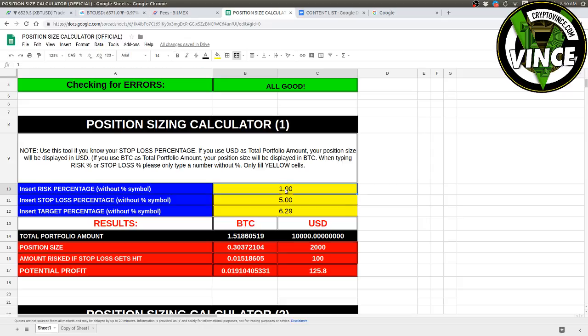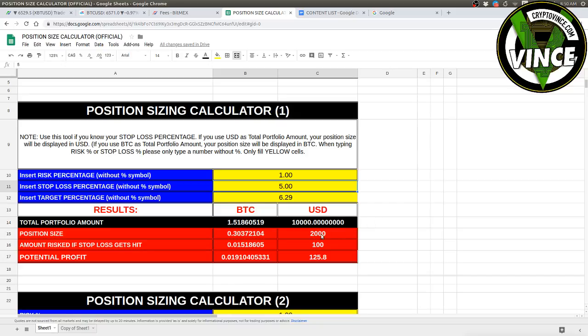Right here, I'm risking 1% and stop loss 5%. So how much is my position size? My position size for this trade is $2,000. So I can use $2,000 as a position size. If I lose, amount of risk if stop loss gets hit is 100.